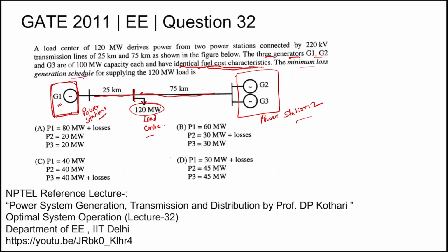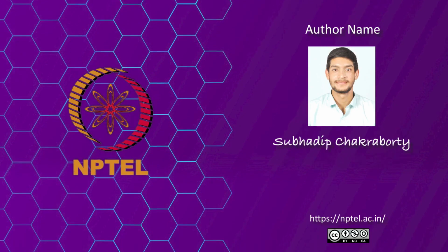Then 40 is remaining, so you split it among the other two, because both have identical generation cost curves. So 20-20: 20 megawatt by P2 and 20 megawatt by P3. So option A is the correct option. So this is the answer. Thank you.